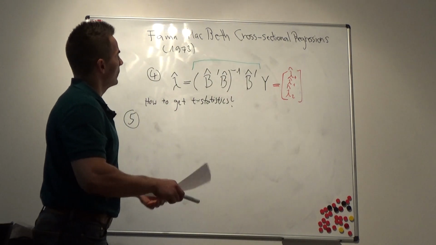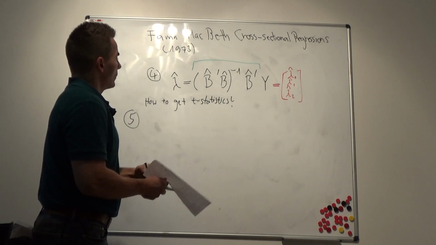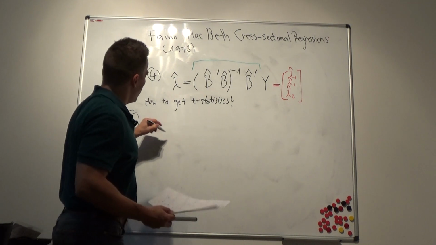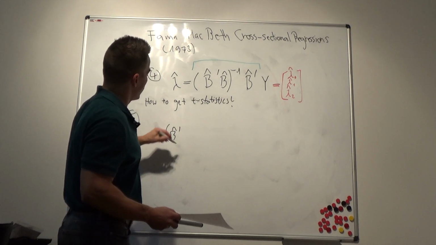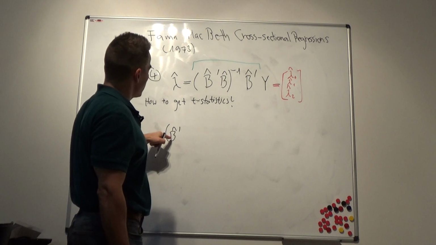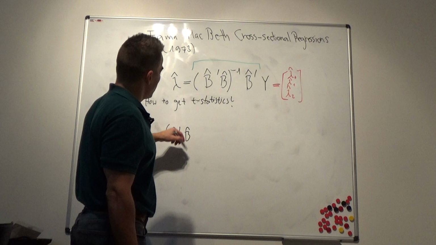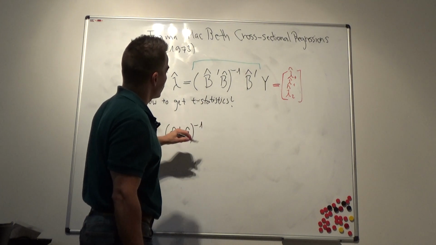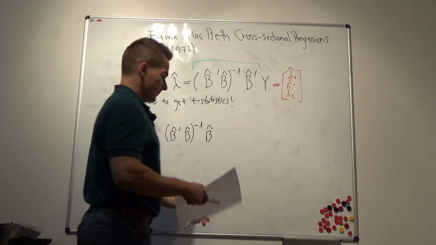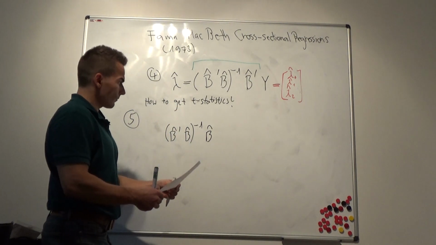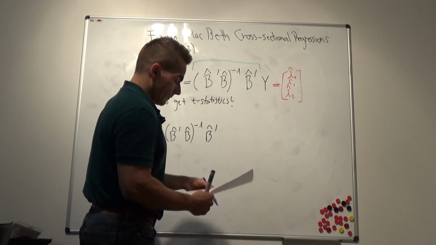Let's write it here: B hat transposed times B hat, inverted, times B hat transposed.